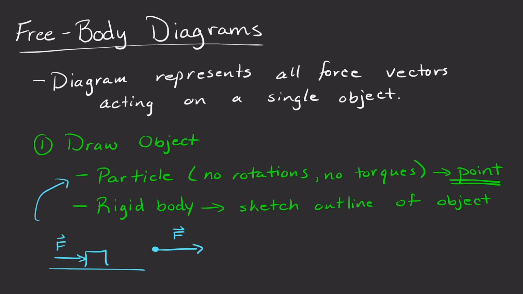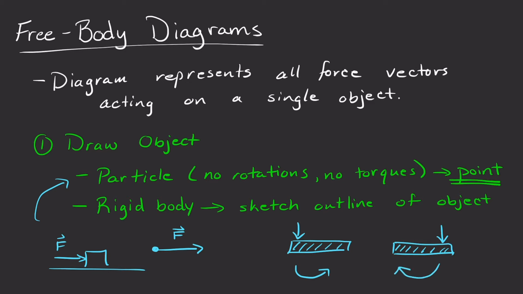But later on, when you get to worrying about rotations, if we have some beam and we apply a force on the left side, that's going to make it want to rotate counterclockwise. If we then take that same beam and that same force and move it to the right, this is going to make it rotate clockwise.